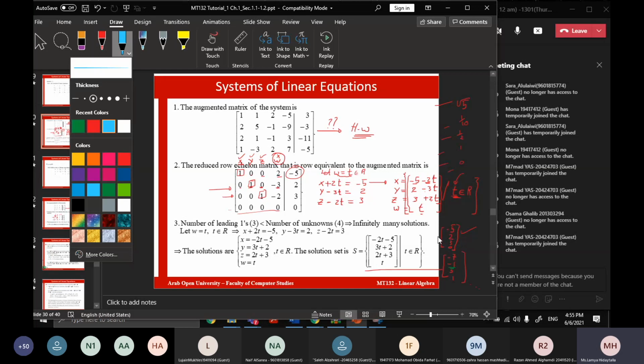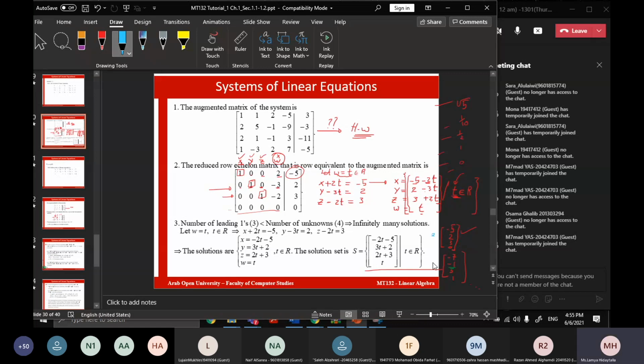For instance, I can multiply this by 2 and this one times minus 1, correct? Because 2 minus 1 is 1. 2 times minus 5 is minus 10. 2 times 2 is 4. 2 times 3 is 6. 2 times 0 is 0.